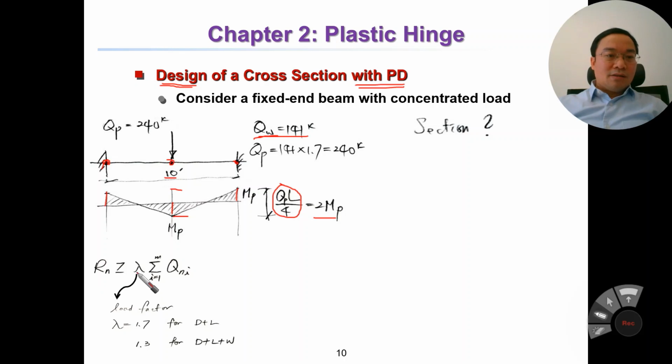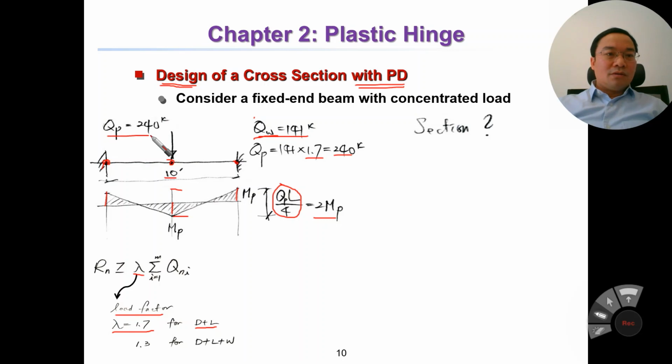Okay, so lambda is the load factor for dead load and live load. Lambda equal to 1.7. It is the load factor. That's why here we have load factor 1.7 multiplied by the gravity load, equal to 240 kip.